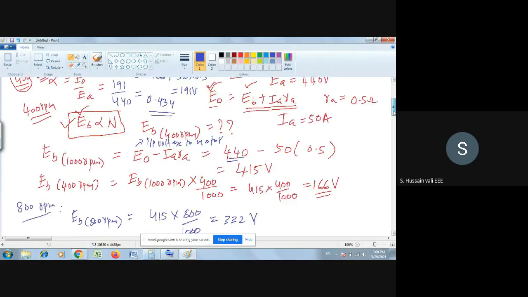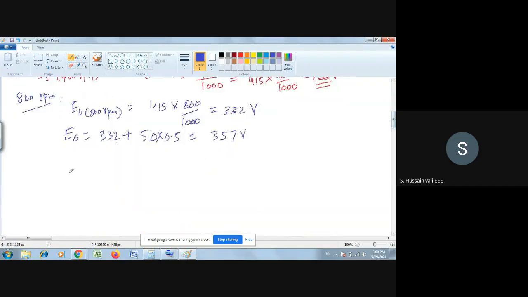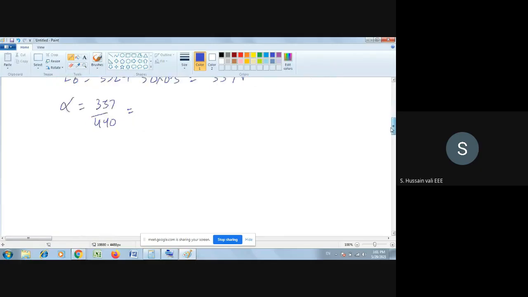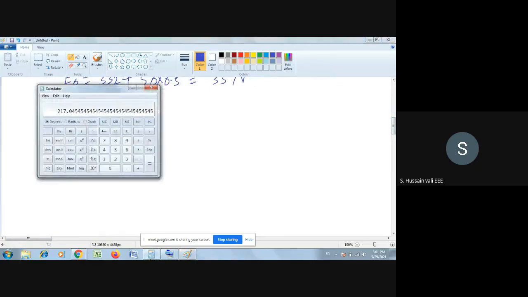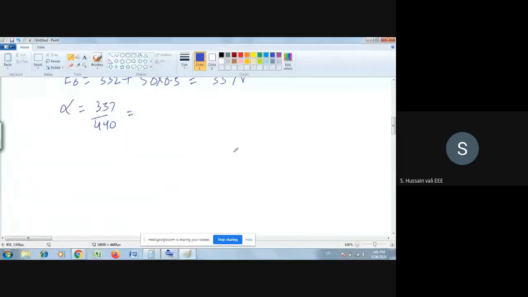Once we got E naught, what is alpha? Alpha is equal to 357 by 440, which is 0.811.